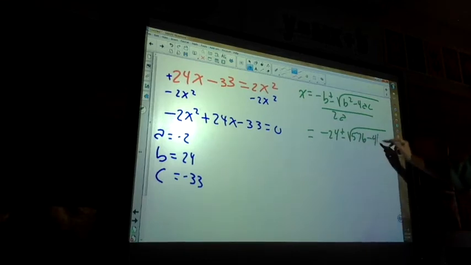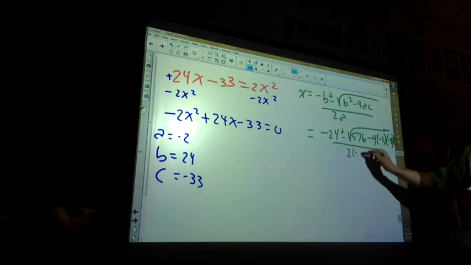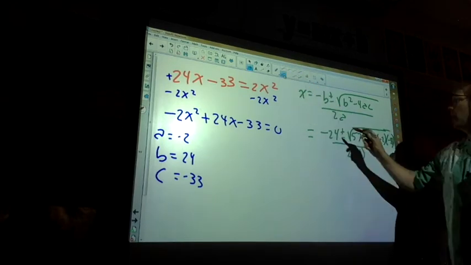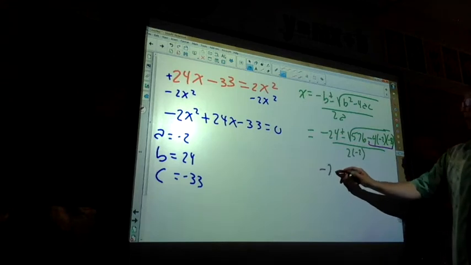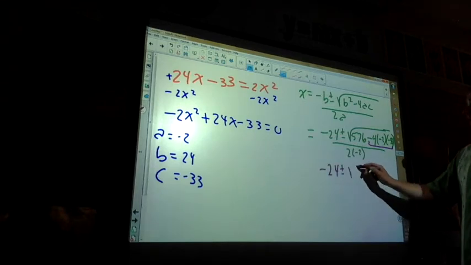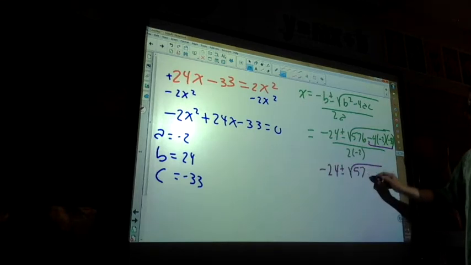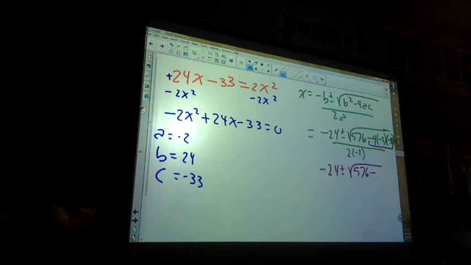Totally knew that. All right. Is that going to be positive or negative right there? Negative. I have 3 negatives all in a row. If you have a calculator, it'd really help me out if you can multiply this out for me. Let's see. I got 576 minus 4 times negative 4 times negative 2 is positive 8.